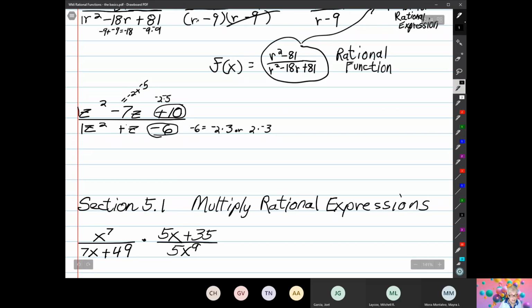Now, that's a positive 1 right here. So if I add negative 2 plus positive 3, I'll get positive 1. So that's how I'm going to factor this. This is negative 2 times positive 3, and 1 is negative 2 plus positive 3.